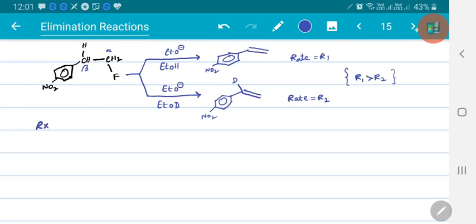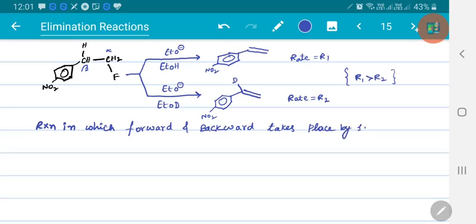So, reactions which take place forward as well as backward, that means reversible, forward and backward, by the same mechanism, then it is called microscopic reversibility.